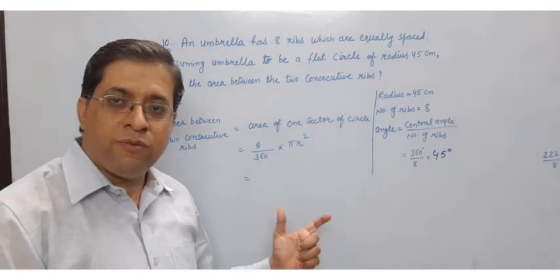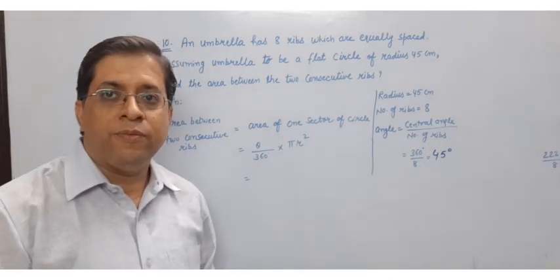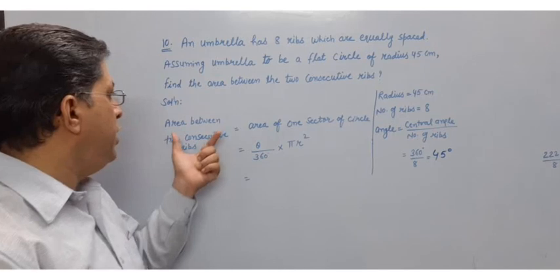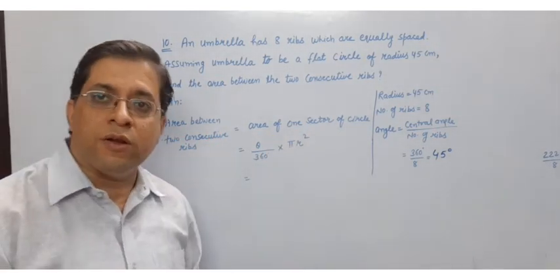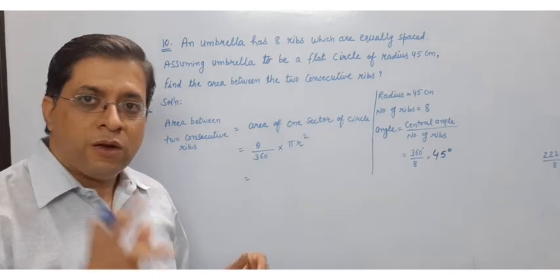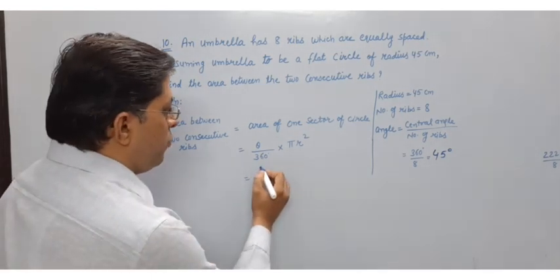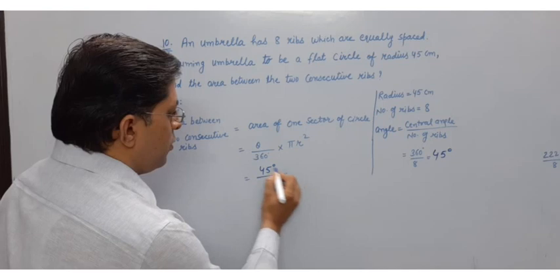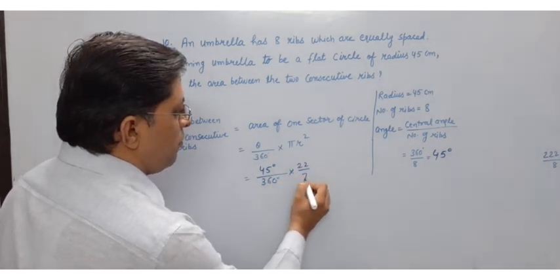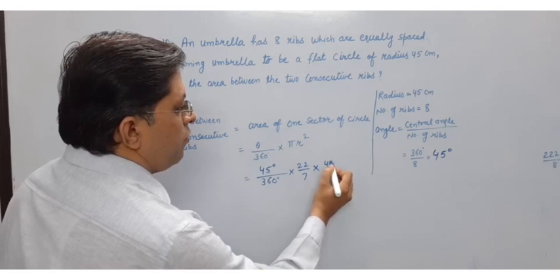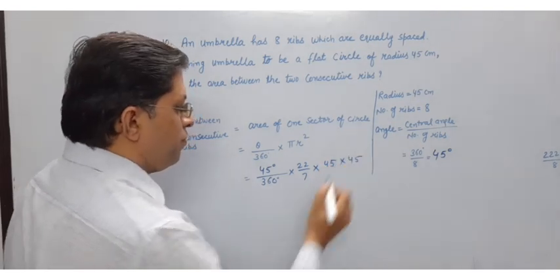Then all things we know. We have to find the sector. Just like here, area between two consecutive ribs means the area of one sector of a circle. Theta is your 45 degree, this is 360 degree, 22 upon 7, 45 into 45.